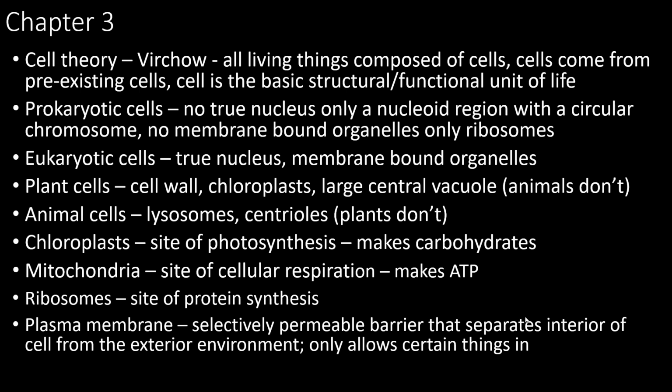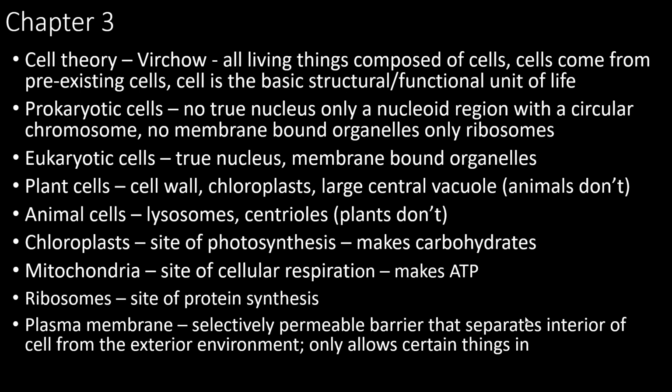So let's talk about a few of the organelles and what they do. The chloroplasts are important because they're the site of photosynthesis. Remember that photosynthesis makes carbohydrates, sugars. The mitochondria is also really important because it's the site of cellular respiration. A lot of times we say that the mitochondria is the powerhouse of the cell because it helps make energy in the form of ATP.